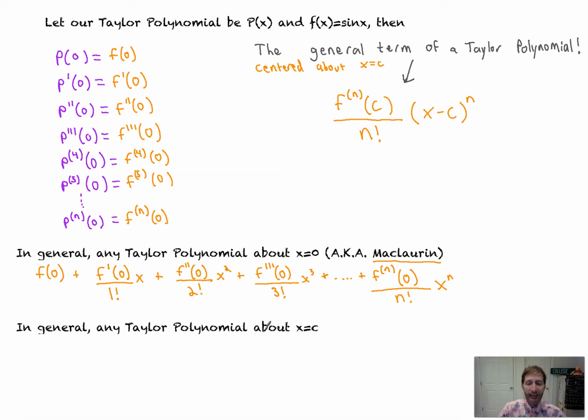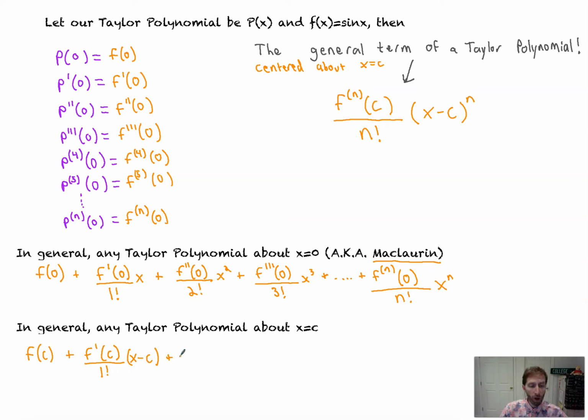In general, any Taylor polynomial about x equals c, so this is just if we're not just centered at 0, but at any value c, so that'd be f of c plus f prime of c, all over 1 factorial, but this is going to be x minus c, because in this case, it's like you're shifting the polynomial left or right.